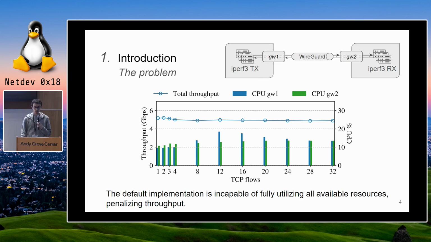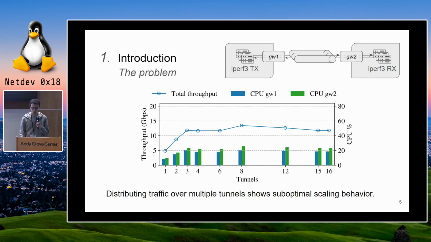So a reasonable assumption in order to scale out performance is, in our opinion, to increase the number of WireGuard tunnels. And this is exactly what we did in this particular experiment. As you can see, we used the number of tunnels up to 16 and an equal amount of TCP flows.